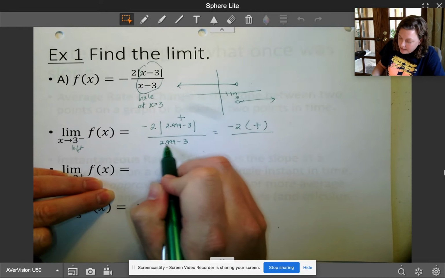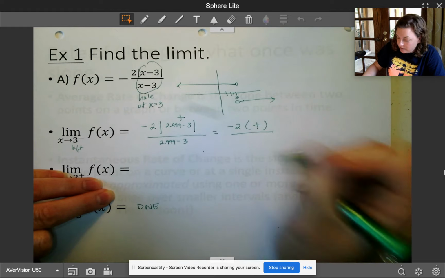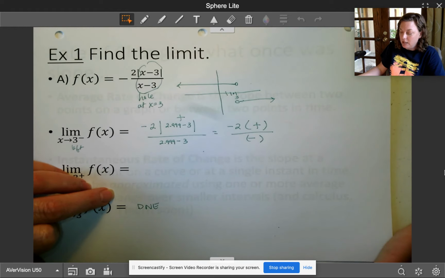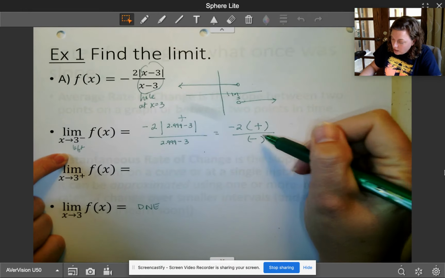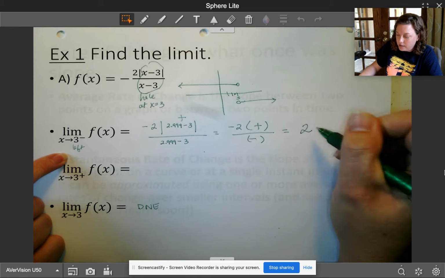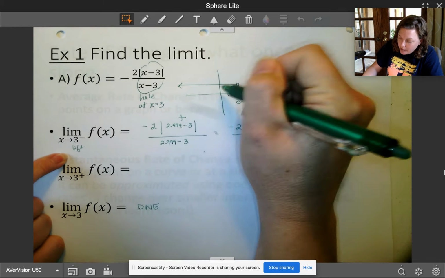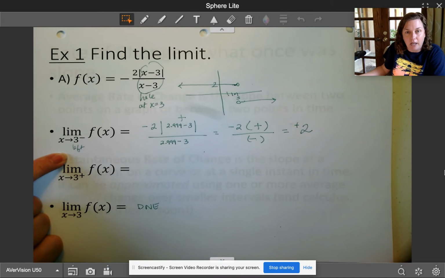All right. Down here, 2.999 minus 3 is going to be a negative result. All right. So when we are slightly to the left of 3, we get a negative divided by a negative, which turns into a +2. And so that's how our y value is 2 on the left side of 3.